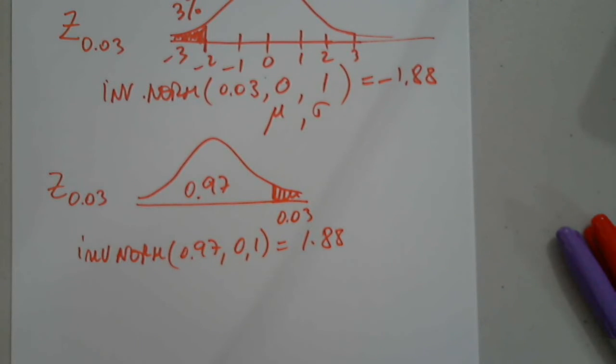Every book is different, but normally the area should be to the left, not the area to the right for z of 0.03. It should be to the left. Even StatCrunch uses the left. So you just go to the normal calculator? Not normal calculator, normal random variable. Yes, it's a calculator.